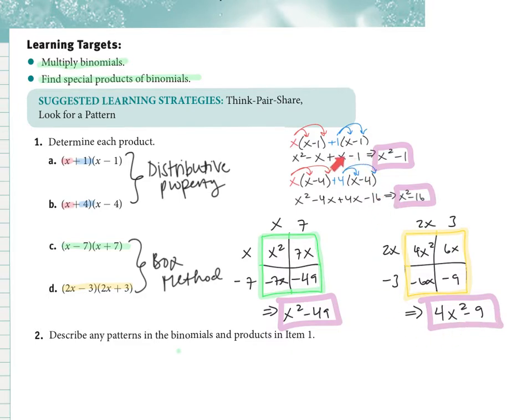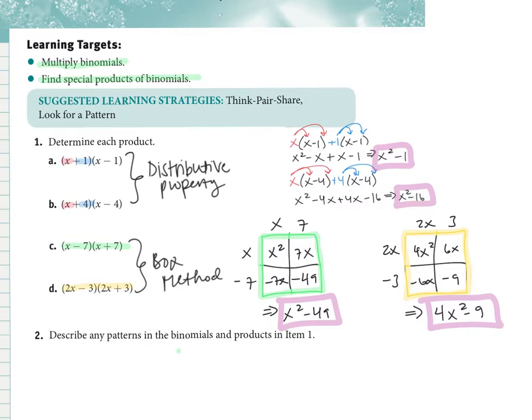In fact, what we noticed was our middle x terms canceled each other out. So when the binomials are multiplied, those linear terms will add to 0, and the answer will be in the form of our variable term squared minus whatever that number is squared.